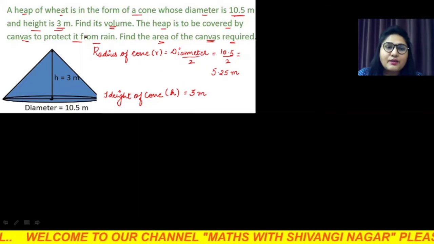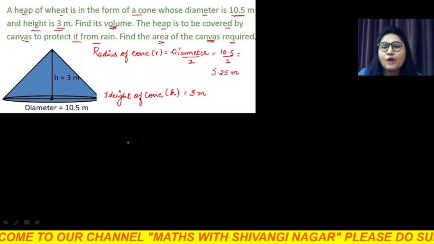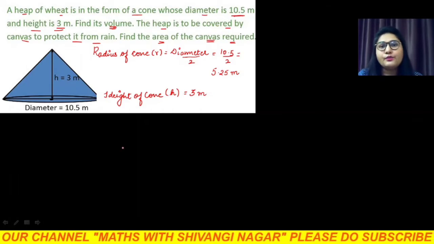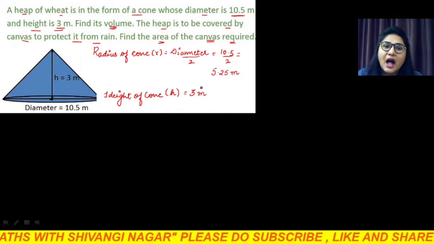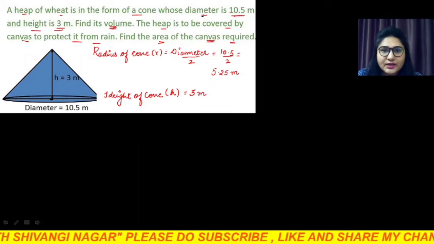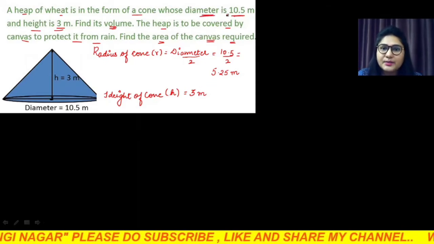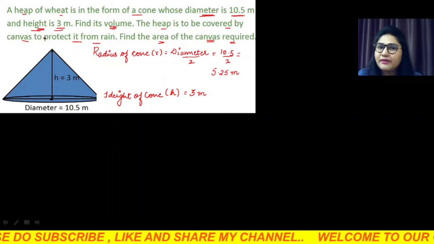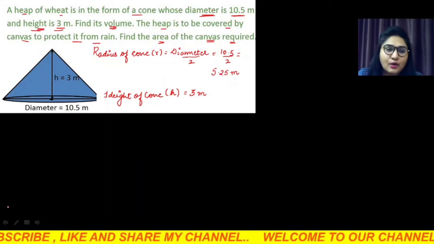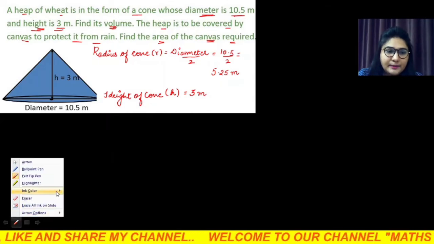So to find the volume, what is the formula of the volume? Volume formula is 1 by 3 pi r square h, and r we can find out from this diameter, just making half of it, and height we already know, so just plug the value and get the value of the volume. So let's get started.